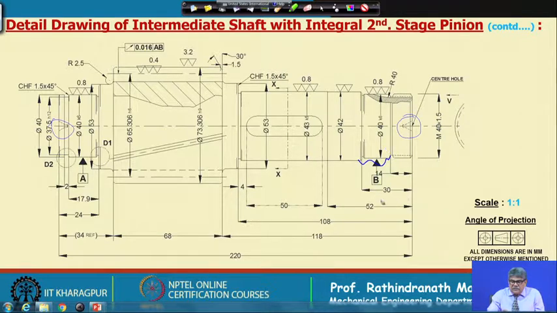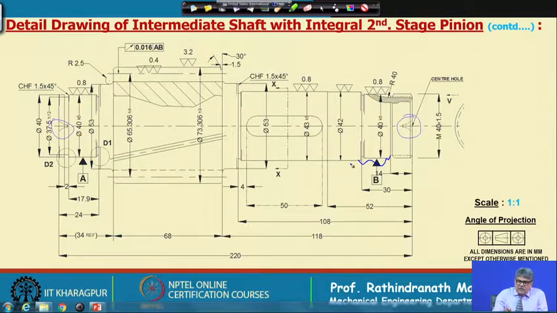So what we have done, we have taken 30 millimeter from here to here, and for the thread we have kept 14 millimeter, so that this space is 16 millimeter and we are sure that it will touch the bearing. Okay. So, that is done.